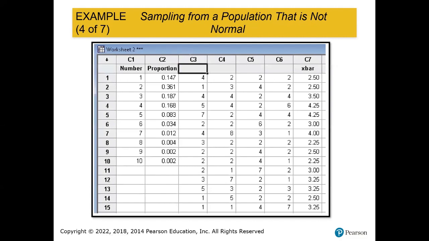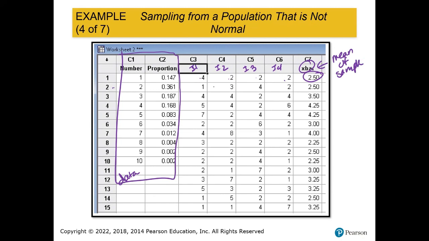This was our original data. Here's our sample: individual 1, individual 2, individual 3, individual 4. So 4 values averaged together. Here's our mean of the sample.